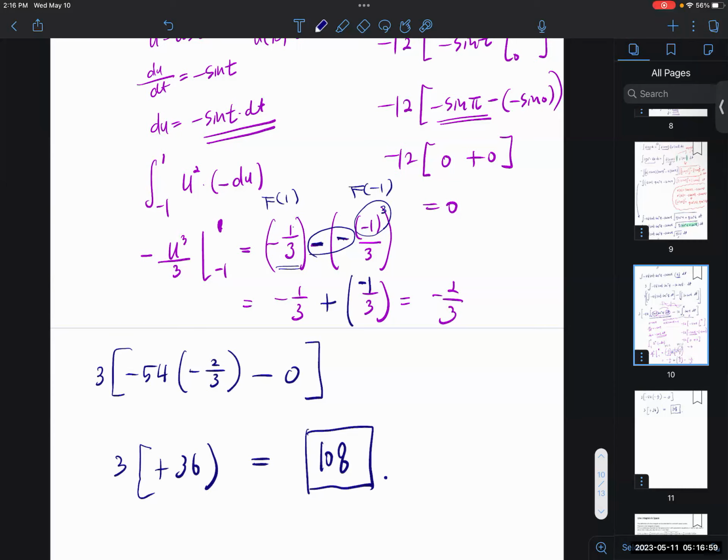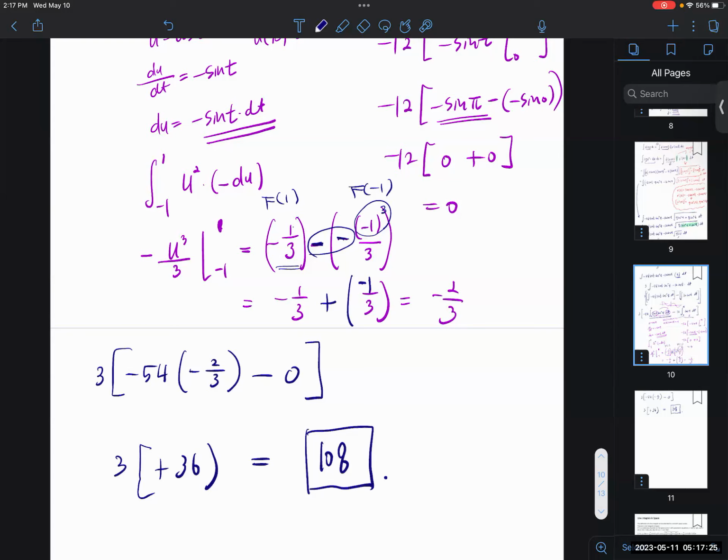Where's my mistake? Did you notice? So I have negative 1 over 3 minus negative 1 to the third over 3. So that's negative 1. Double negative changes to positive. So I got negative 2 over 3. Oh, I see.